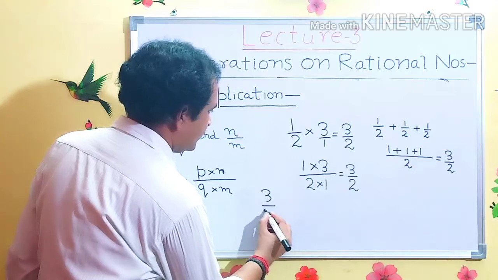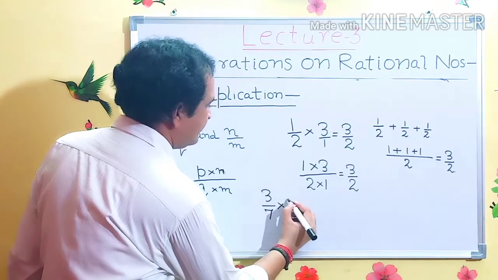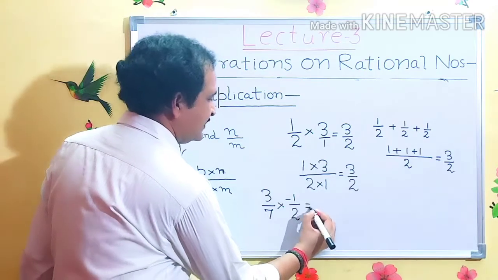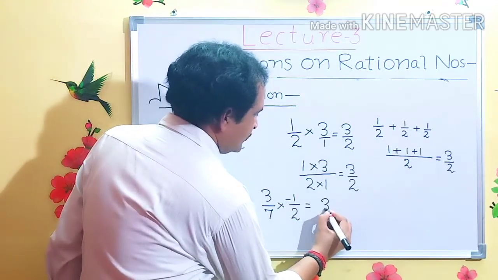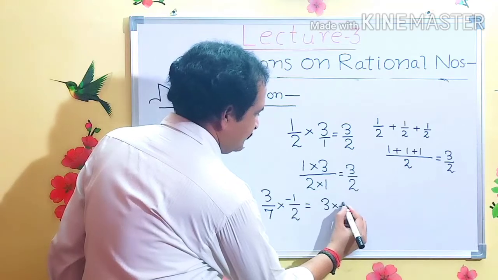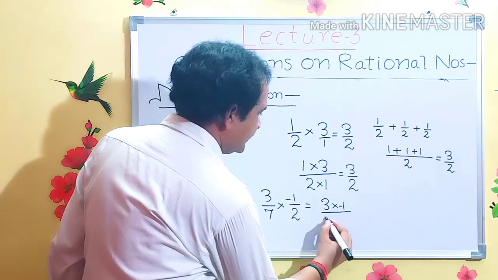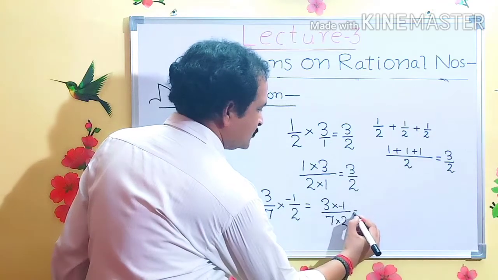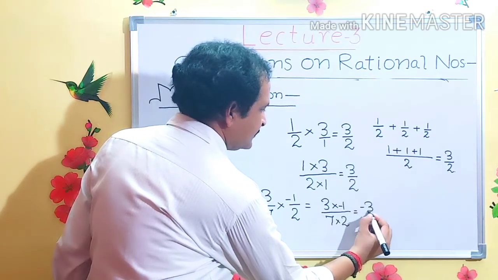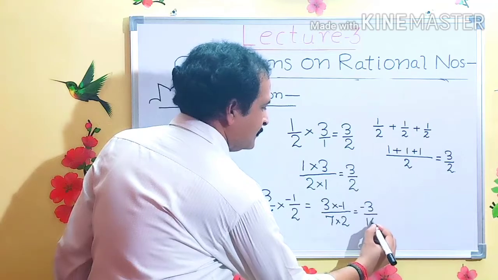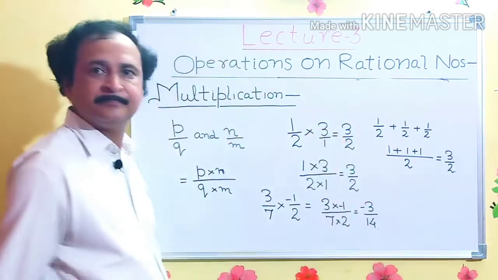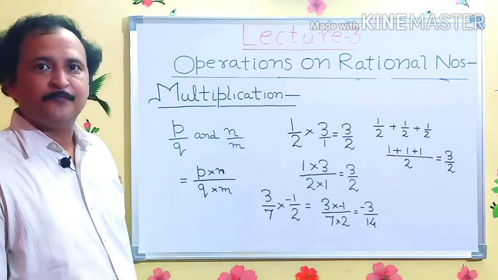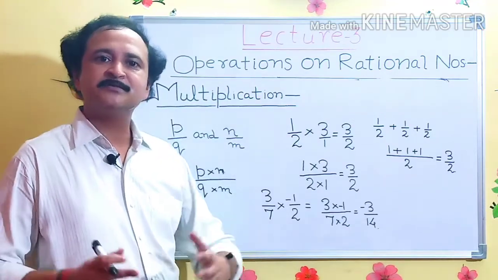3 upon 7 multiplied by minus 1 upon 2, then the result is numerator multiplied with numerator and denominator multiplied with denominator. So the result is minus 3 upon 14. This concept can be extended for more than two rational numbers also.